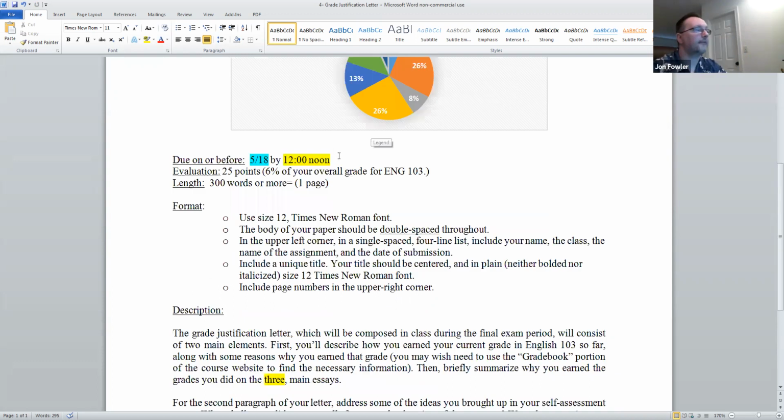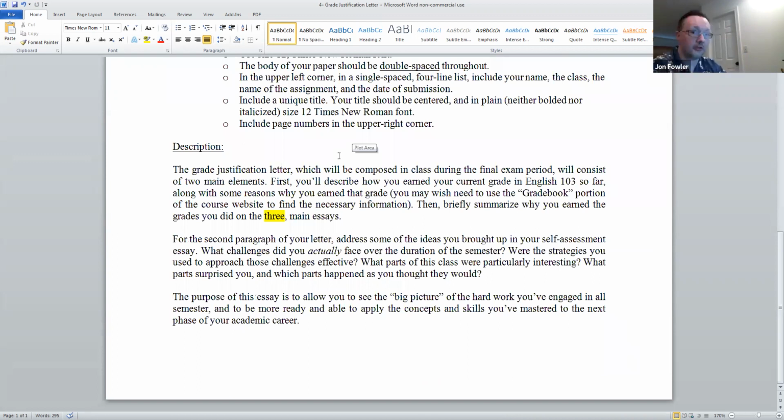Number 2, for the second paragraph of this letter, I want you to address some of the ideas you brought up in that original self-assessment essay. What are the challenges that you actually faced over the duration of the semester versus the things you thought would be difficult? Were the strategies that you had in mind to approach the challenges that you anticipated effective?